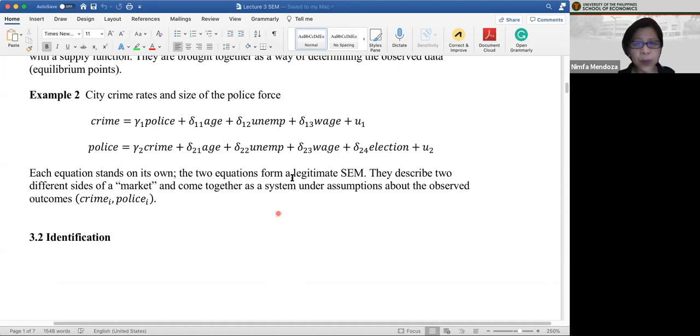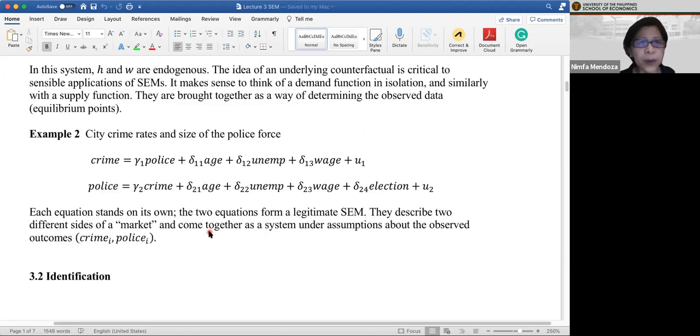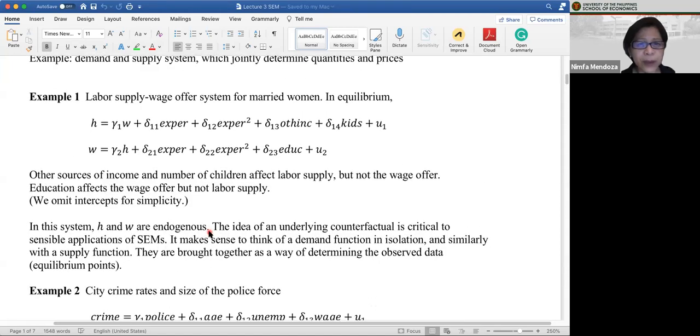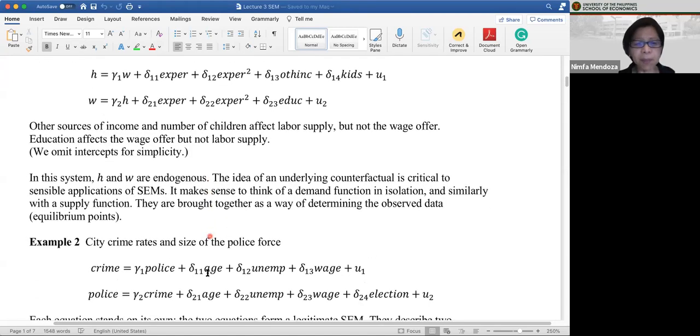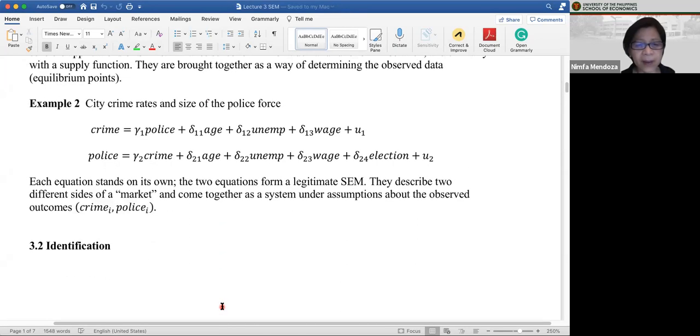Okay, so note that here, these two equations come together as a system under assumptions about the observed crime and police. So those are two examples of simultaneous equations. So they're pretty simple because we just have two equations. Okay.